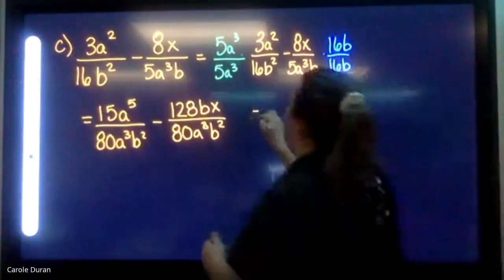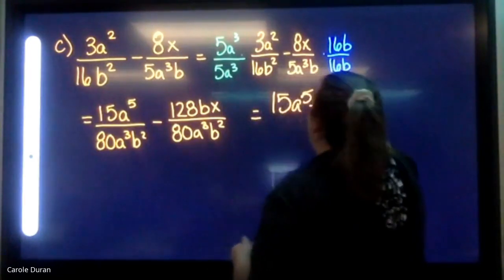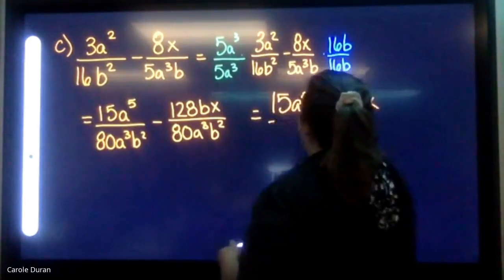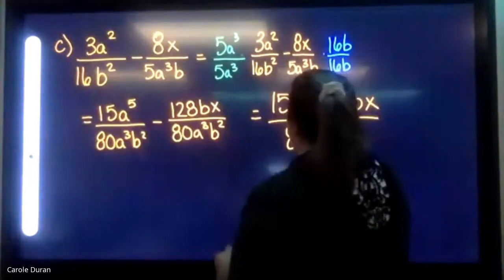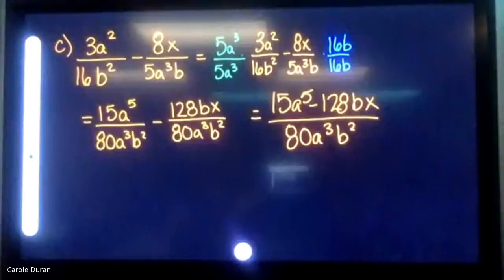So then this becomes 15a to the 5th minus 128bx over 80a cubed b squared. They don't have the same variable, so I can't combine them.